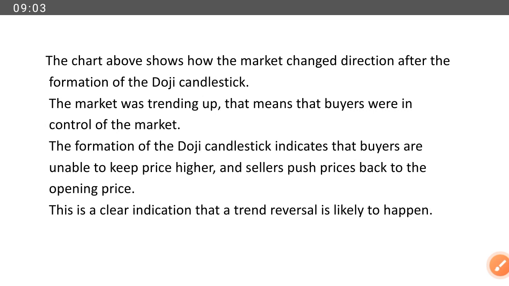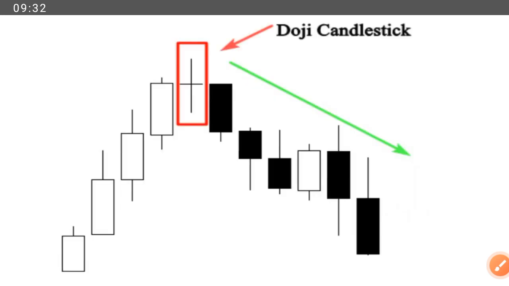The formation of the Doji candlestick indicates that buyers are unable to keep price higher and sellers push prices back to the opening price. This is a clear indication that a trend reversal is likely to happen. And as you can see in that chart I showed you, the trend actually reversed and went down.